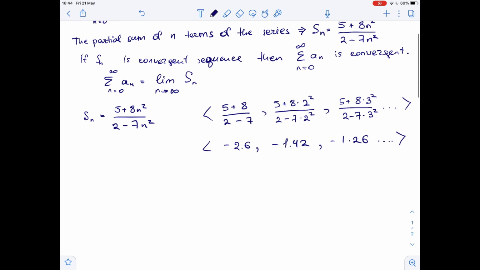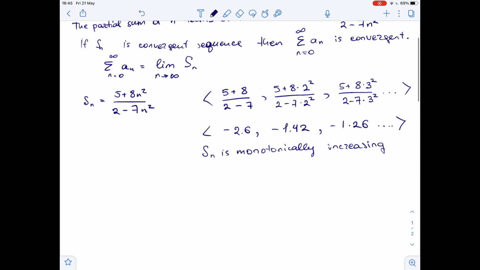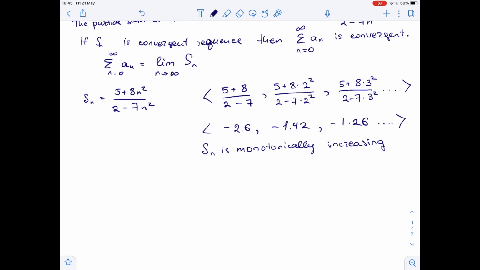We clearly can see that our sequence S of n is monotonically increasing because every next term is bigger than the previous one. And also we can see that this sequence is bounded above by 0. So S of n is less than 0 for all n.